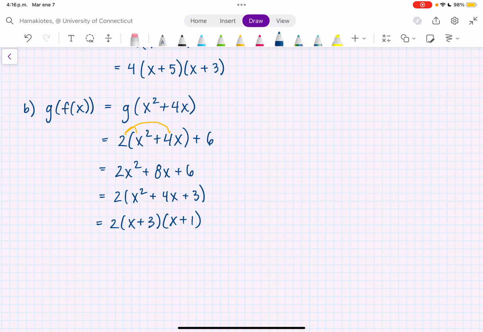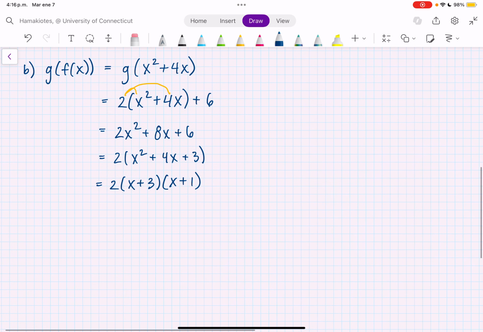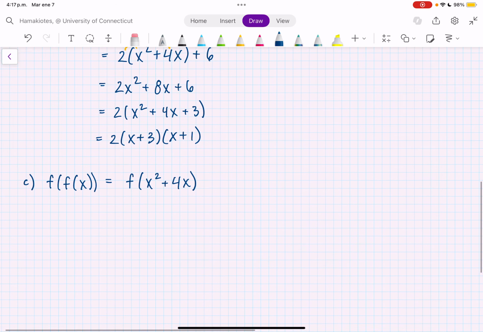Now lastly, we want to determine f composed with f. So we have f of (x squared plus 4x). And now we want to plug that into x squared plus 4x.